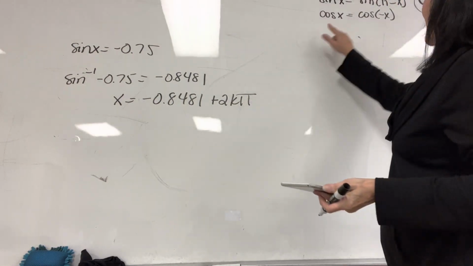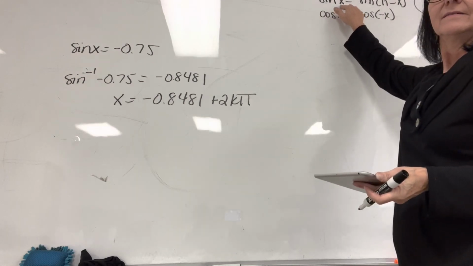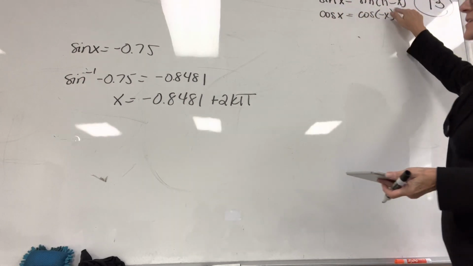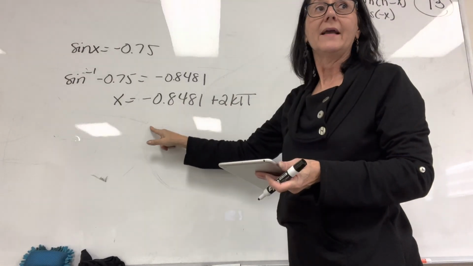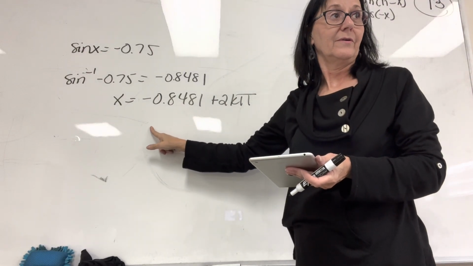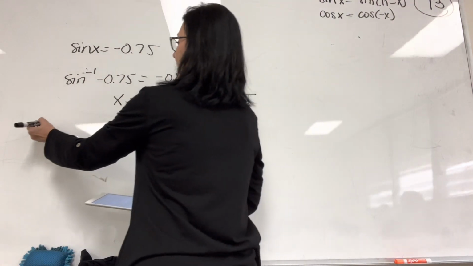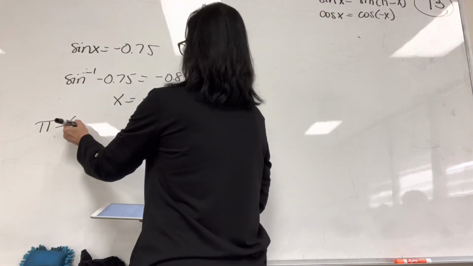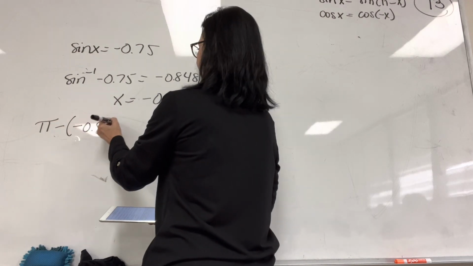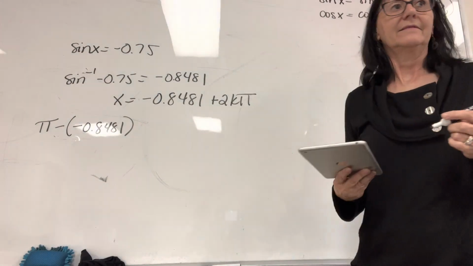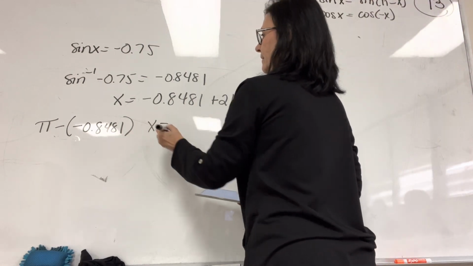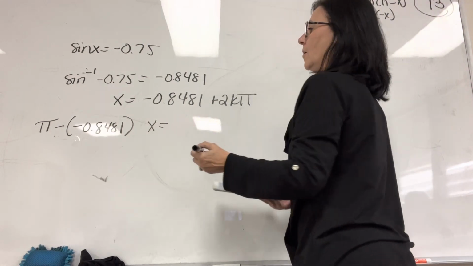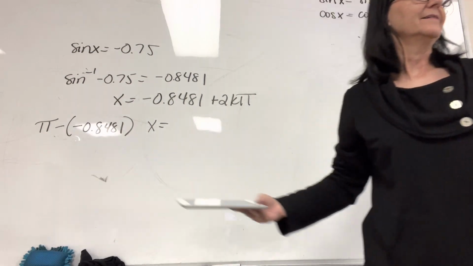We're solving for the x. Can I solve for this one? Yes. I take pi minus this number. So it's going to be pi minus a negative. What is that? It's plus. And so what is it? 3.8481.